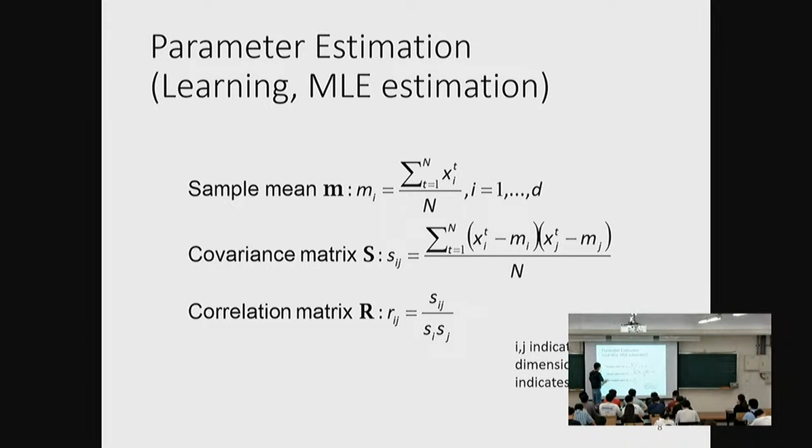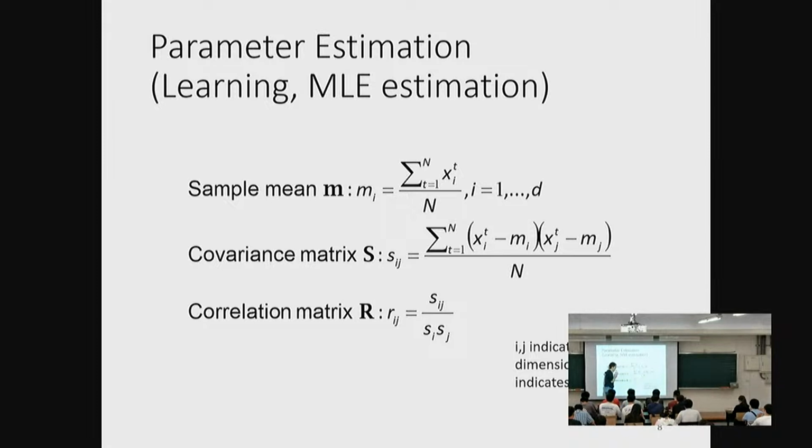Now, how do you generate a covariance matrix? S_ij equals the i-th dimension of the t-th sample minus the i-th dimension of the mean, times the j-th dimension of the t-th sample minus the j-th dimension of the mean, summed over the n samples and divided by the number of samples.